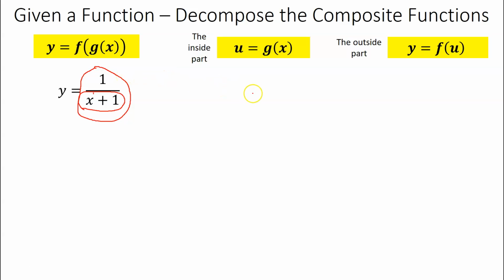To help myself make a plan, I can say, let's let the inside part always be the u. So I'm going to let the inside part be this, and then the outside part would look like this. I'm going to take the derivative of the inside, and that'll require a rule.